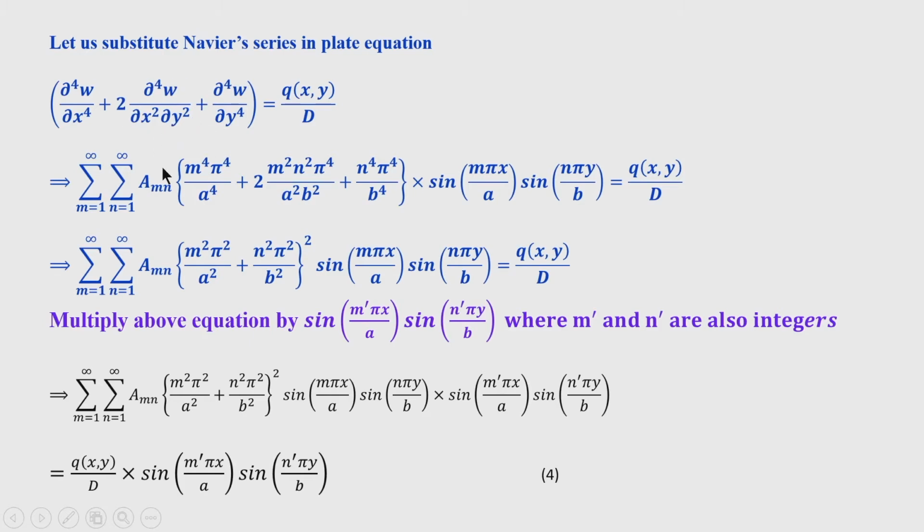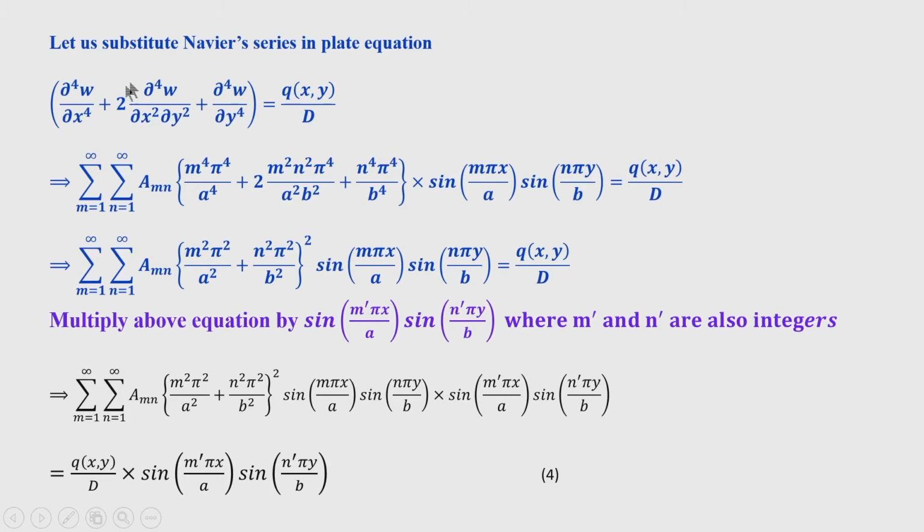It can be easily verified that when we differentiate w with respect to x 4 times, we will get m to the power 4 pi to the power 4 by a to the power 4 as a constant term that will come out as a process of differentiation. Okay. But the function, that is sin m pi x by a and sin n pi y by b, will remain unchanged, because it is an even number of derivatives.